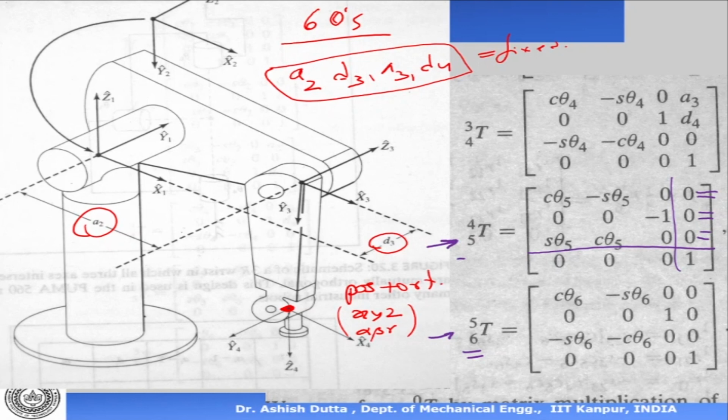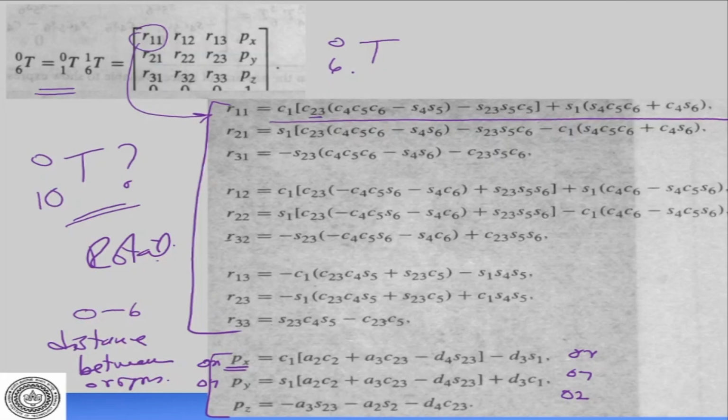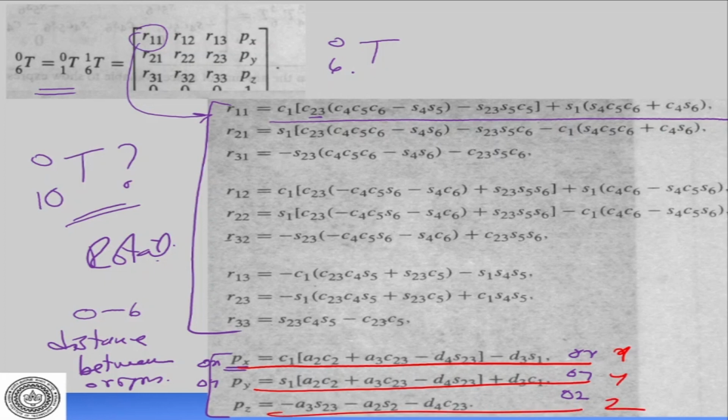Now suppose I give you the 6 thetas and I say find out the position and orientation of the end effector, the x, y, z and alpha, beta, gamma. What we need to do is write the final equation in this form. So this is my x, that is my y, and this is my z. Simply take the values.